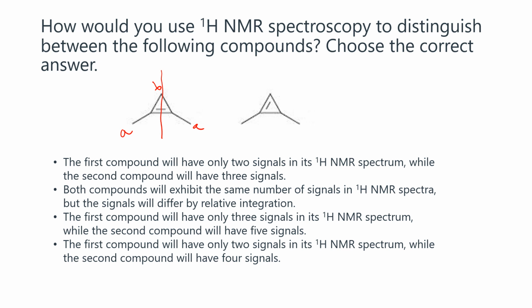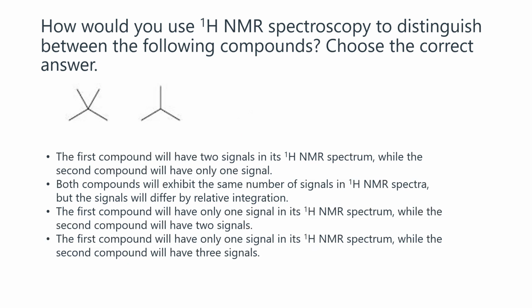Here I have a number of signals. These 2 methyls are different. And here I have an H. And here I also have an H. So I'm going to have A, B, C, and D. That many. So that's what you need to be doing when you're answering this question. So 2, and then the other has 4. This one.